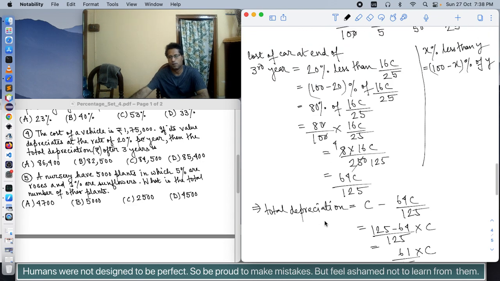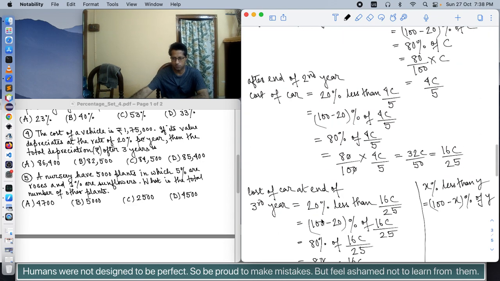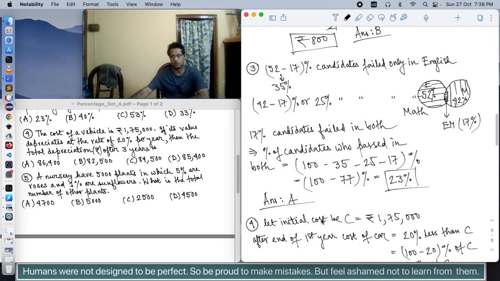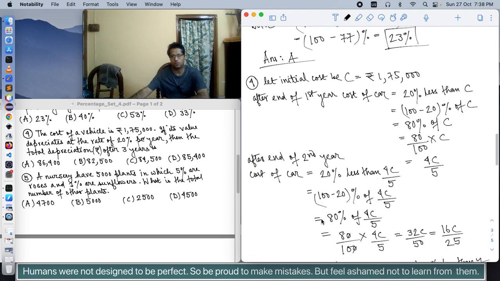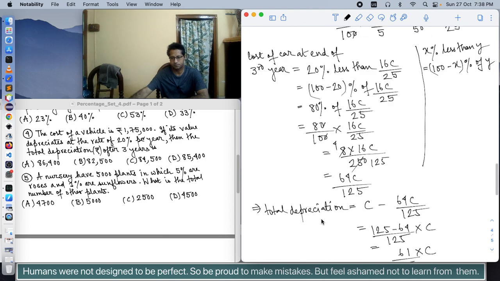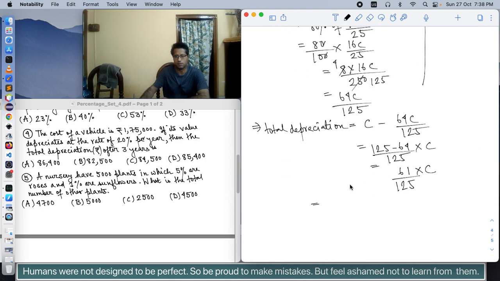We just assumed the letter C represents the value of 1,75,000. So the total depreciation is rupees 61 by 125 multiplied by 1,75,000.